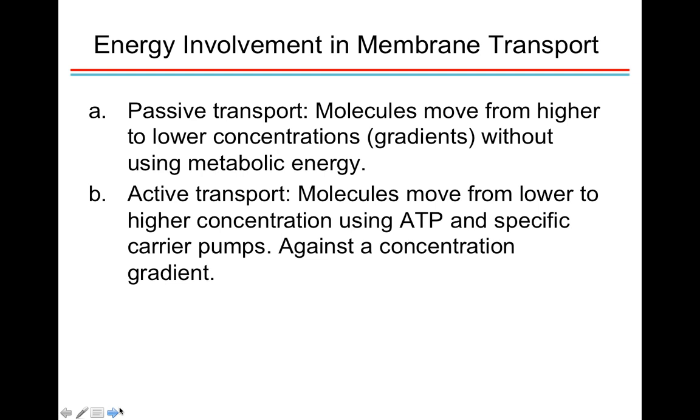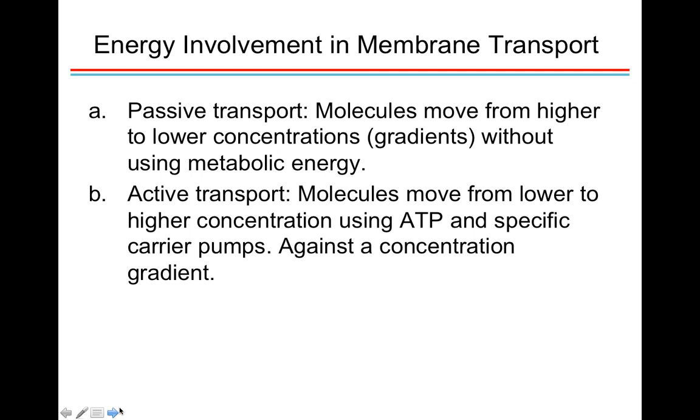So the transport can be passive or active. Passive transport involves molecules moving from a higher concentration to a lower concentration. We call a concentration gradient the difference between the concentration of the molecule on each side of the membrane, right? So we know if a molecule is more concentrated on one side of a membrane than the other, it's going to want to move to the less concentrated side to be in equilibrium, to have the same concentration on both sides of the membrane.